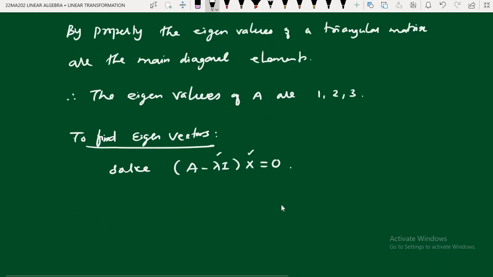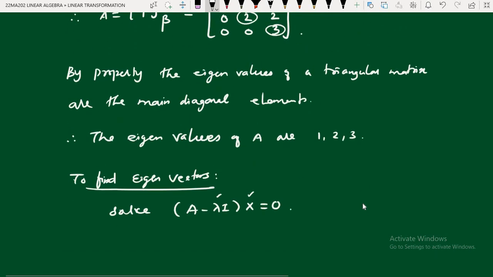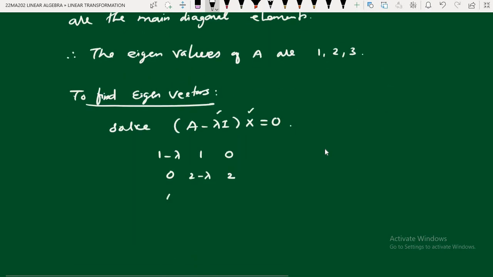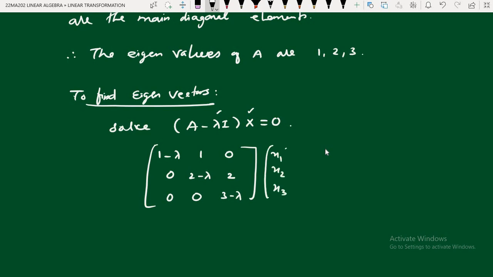Therefore the matrix is [1 minus lambda, 1, 0; 0, 2 minus lambda, 2; 0, 0, 3 minus lambda], into x, where x is a column matrix x1, x2, x3, equal to 0.